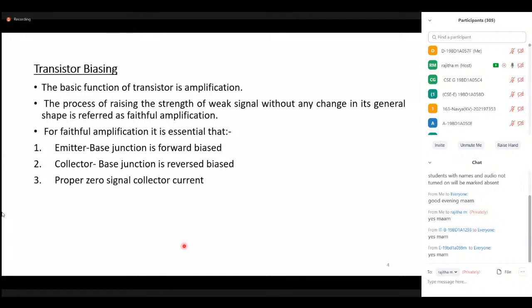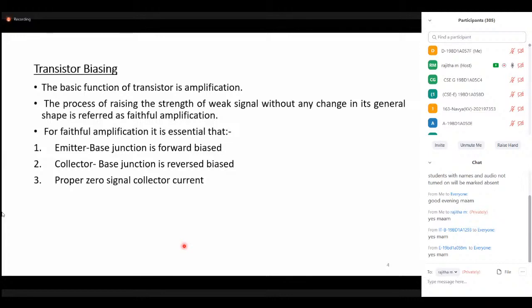If you provide improper biasing, then you don't get faithful amplification, so your output might be distorted, and due to that we have power loss. Hence we require proper biasing for faithful amplification, so that it can amplify the weakest signals, that is, the lowest magnitude voltage levels.